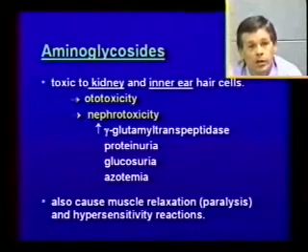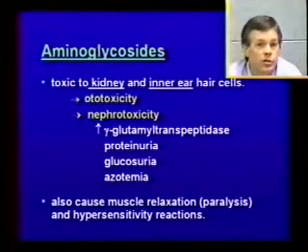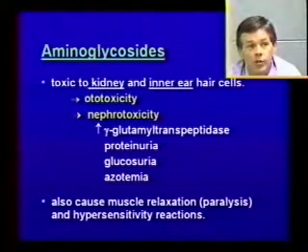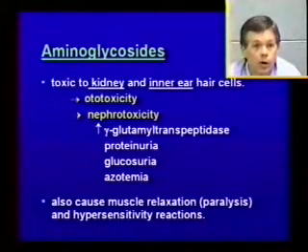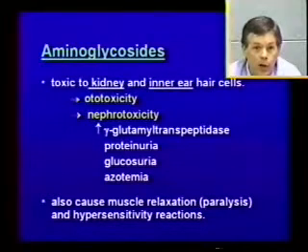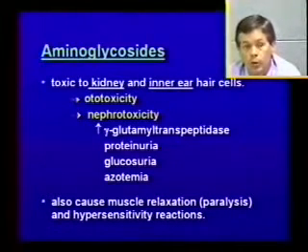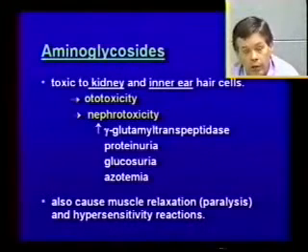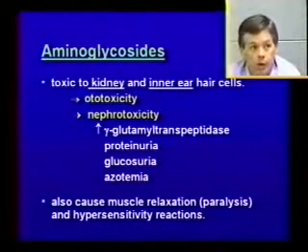The major toxicities that you need to be concerned about with these drugs, or certainly keep in mind, is that they can be toxic to the kidney and also to the hair cells of the inner ear. And so this can lead to irreversible nephrotoxicity and loss of hearing in an animal if these agents are given for a prolonged period of time.